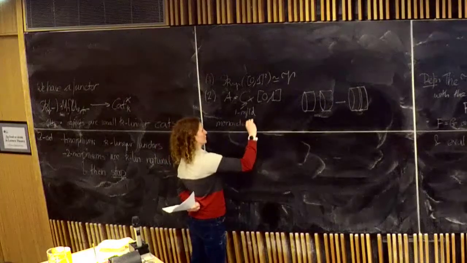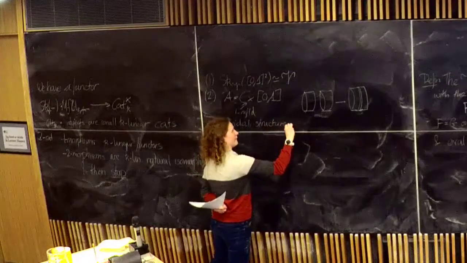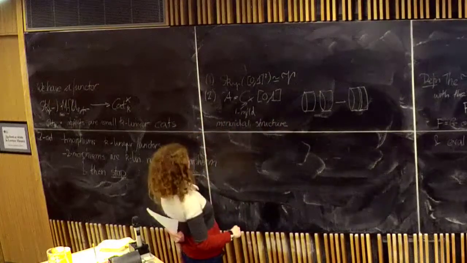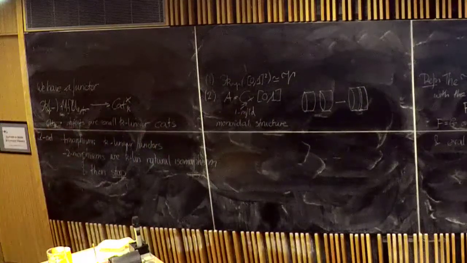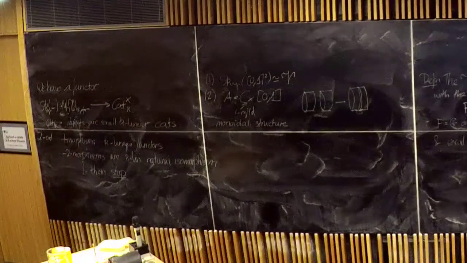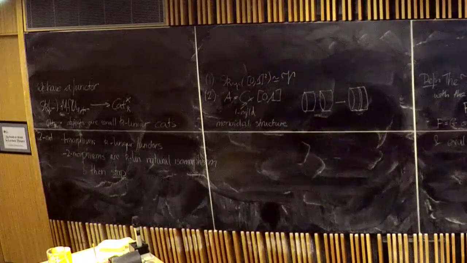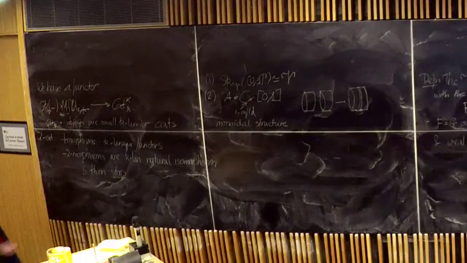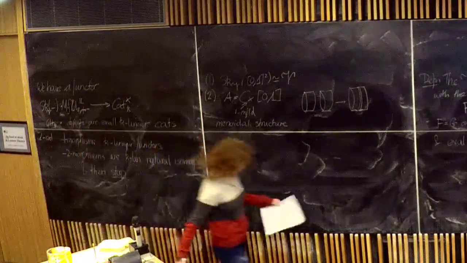Are you assuming this functor is monoidal? Which one? This functor? Yes. Yeah, that's easy enough because you can just make them stick to each other. Monoidal.